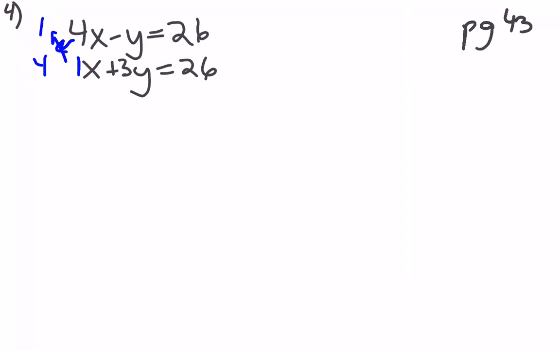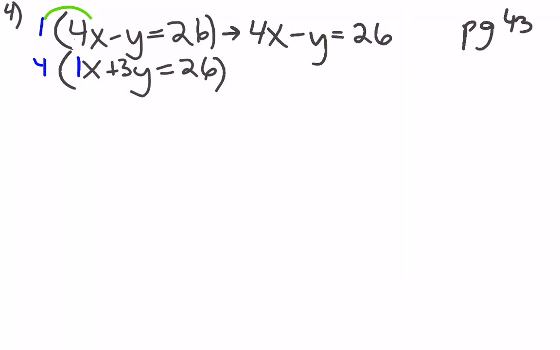No. So what I'm going to do then is multiply through both of those equations by the number that we decided on. So what you want to make sure you do is distribute to everything. So I'm going to get 1 times 4x is 4x. Oh, look, this first one is just the same thing because we're multiplying by 1, and when I multiply by 1, nothing changes.